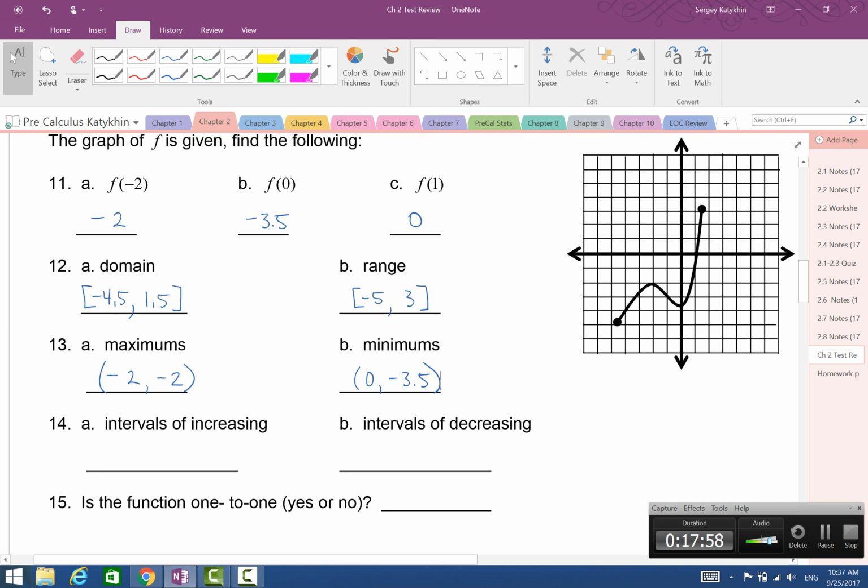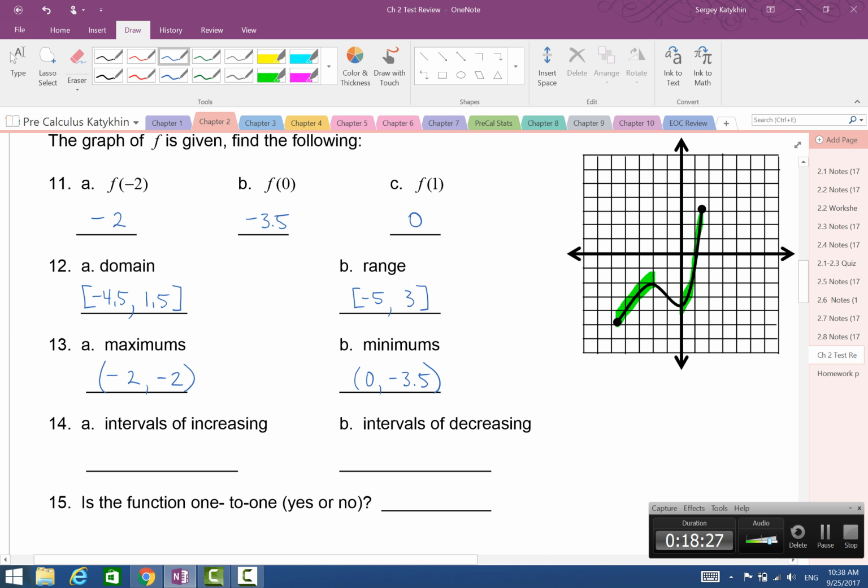Okay, increasing intervals is where the graph is going up. If we're going from left to right, it's like riding uphill. As you can see, the first increasing section will be from here to there, and the second section will be from here to there. So I have to label those intervals. Let's start with the first one, what we see highlighted in green. It starts about 1, 2, 3, 4, 4.5.